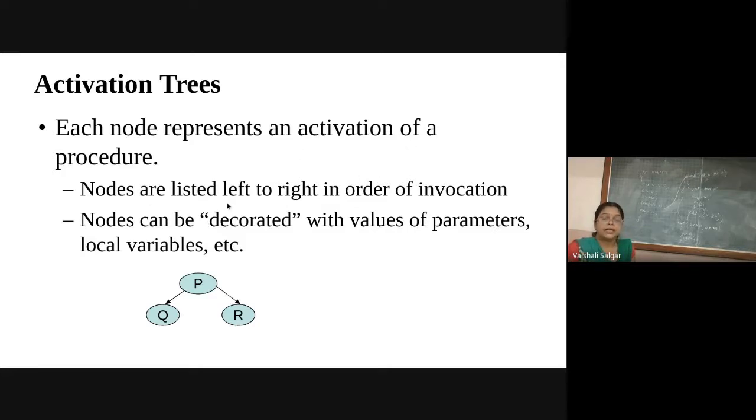The nodes are listed left to right in order of invocation, and the nodes can be decorated with the values of the parameters, local variables, etc. So if my program P is going to call a procedure Q, it will be shown on the left-hand side, and after execution of Q, it is going to call a procedure R. So R will be called after procedure Q, and the nodes are the activation processes.